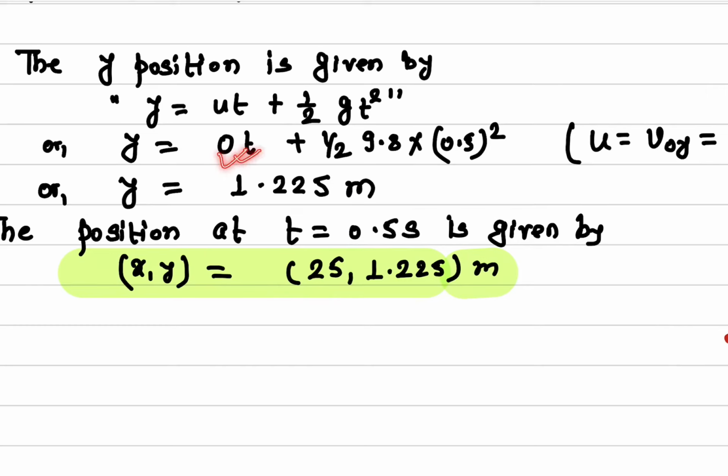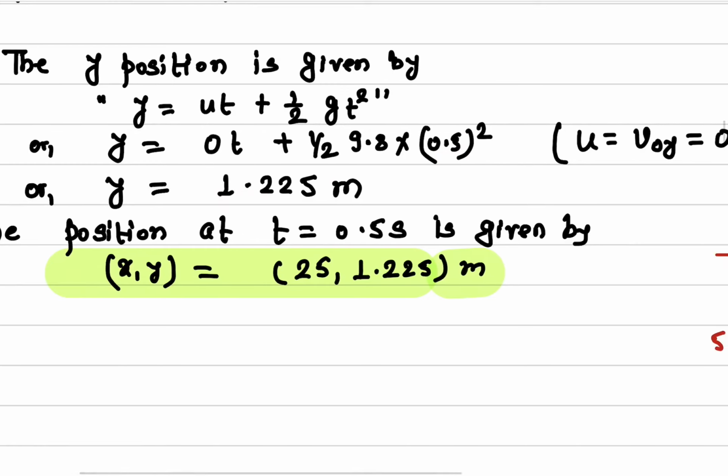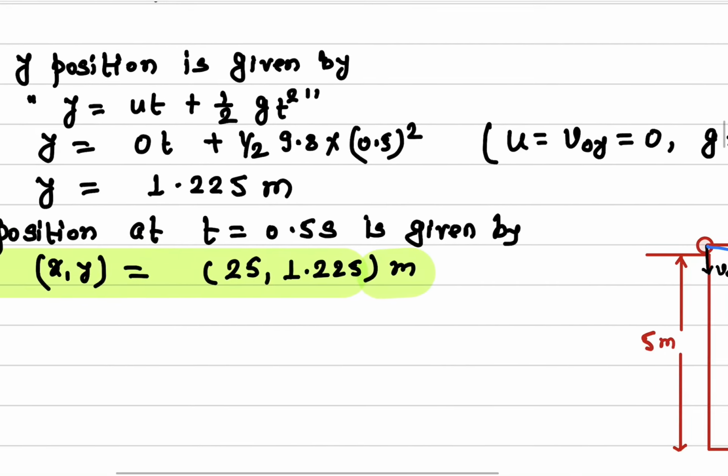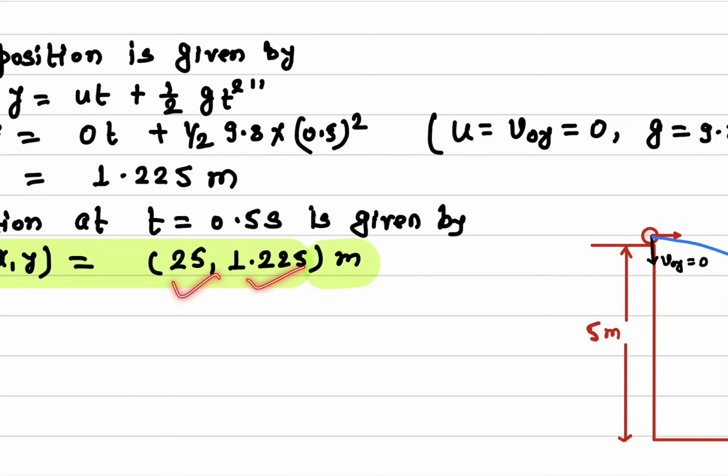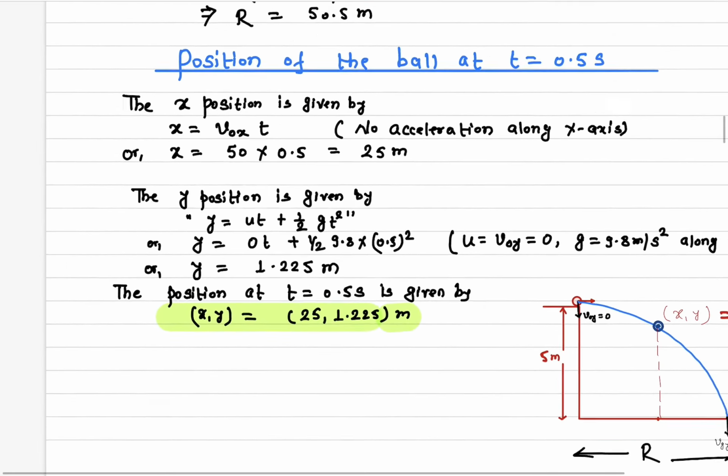So this component is 0 and only this component is surviving, half g t squared. The g value is 9.8 and the time we are interested in is 0.5 squared. So we get y is 1.225. And remember, do not get confused. This y is from this coordinate. This is our origin. This is our coordinate system here. This is the x-axis and this is the y-axis. So we have calculated x and y, which are 25 and 1.225 meters.